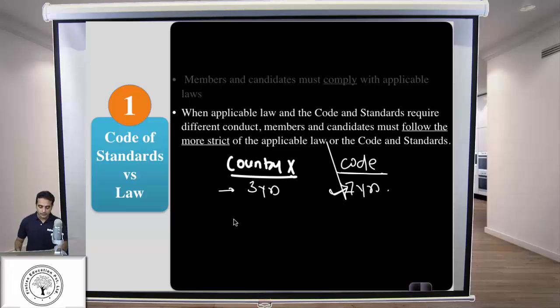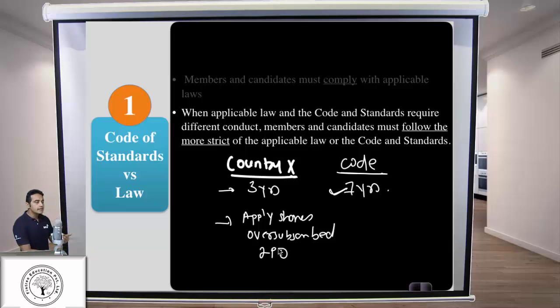One more example. Let us say that you operate in country X and it says it is okay to apply for shares for yourself in an oversubscribed IPO. IPO is initial public offer.